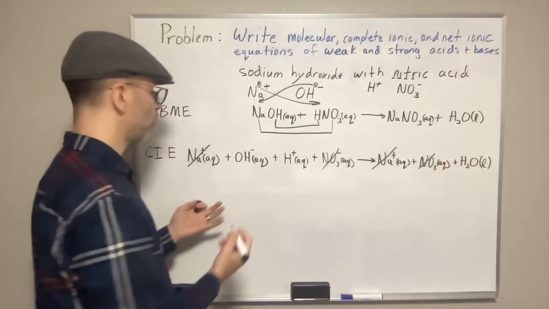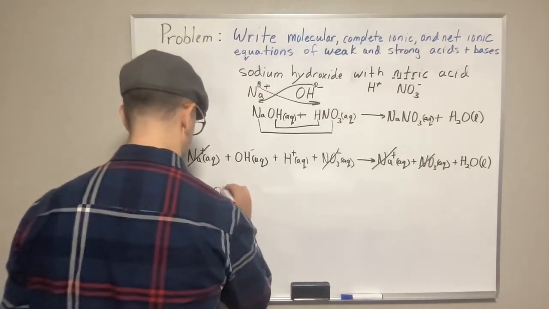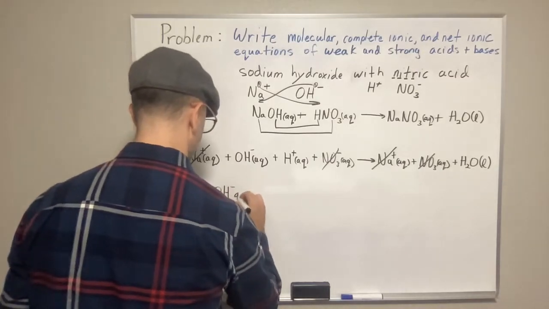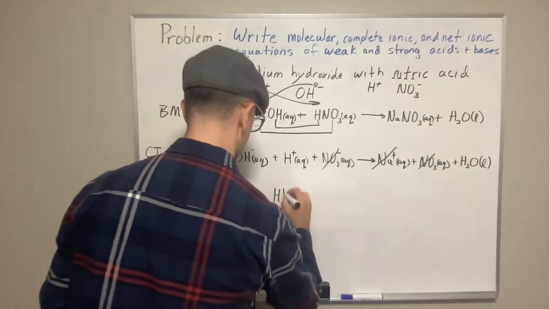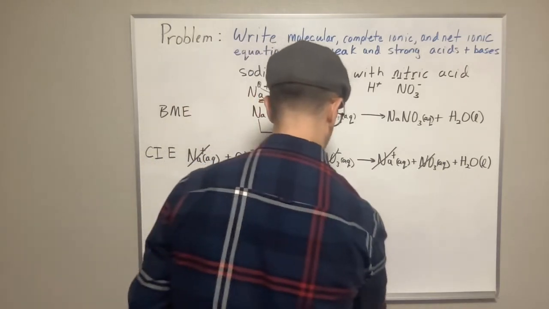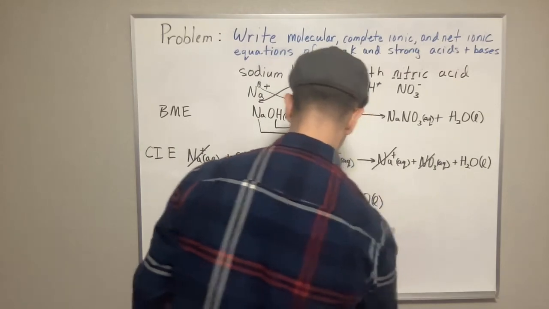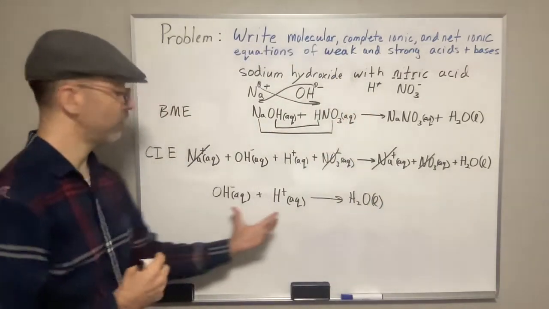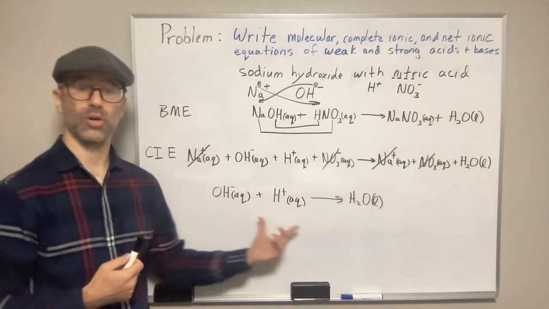And so now all we do is we write what's left. So we have our OH- aqueous plus our H+ aqueous, and that's going to form H2O liquid. And so this is the reaction that is occurring in your solution.